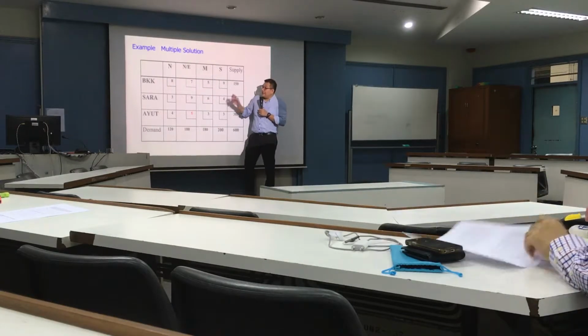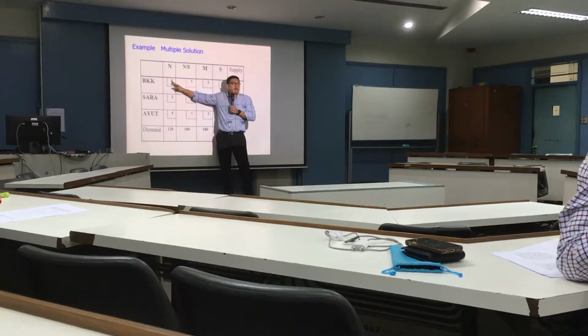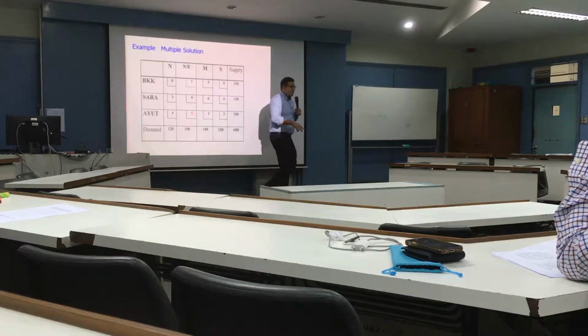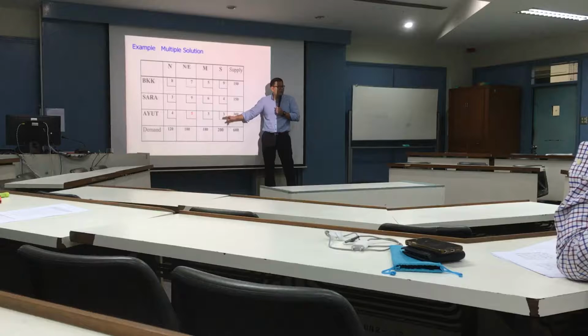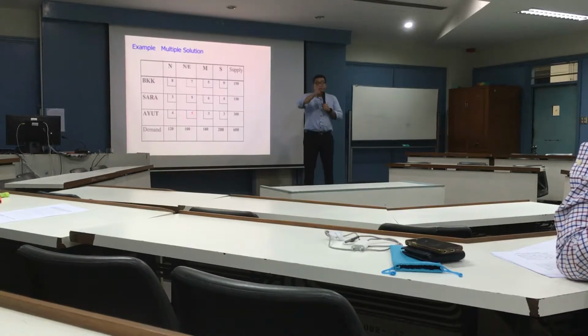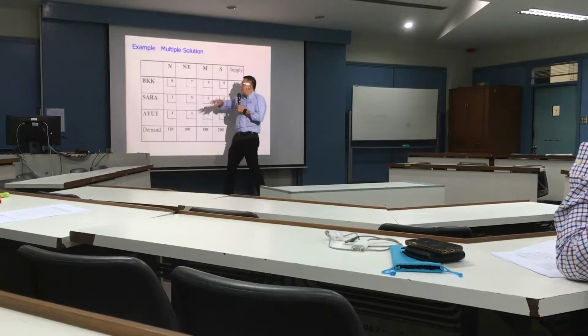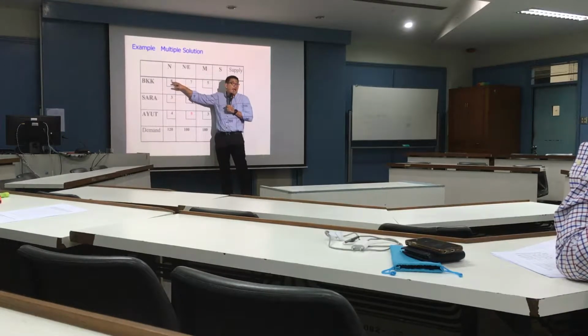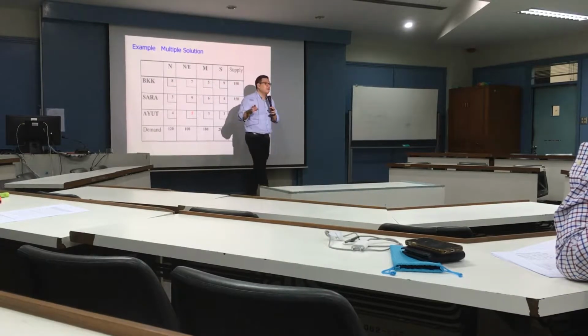Let's say I change from 8 to 100. 100 is very big when you compare to the other costs. And then you do the same way: finding the initial solution, testing the optimal, modifying, and so on. Once you have the optimal solution, there's no way you can have any product delivered to this cell because the cost is very high.